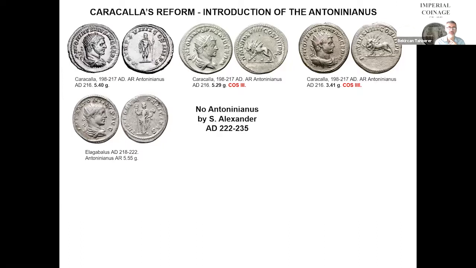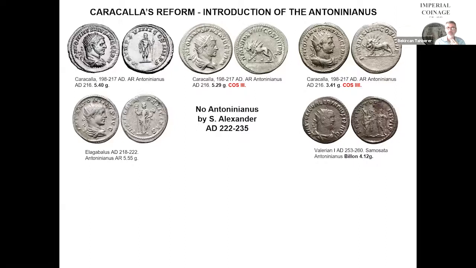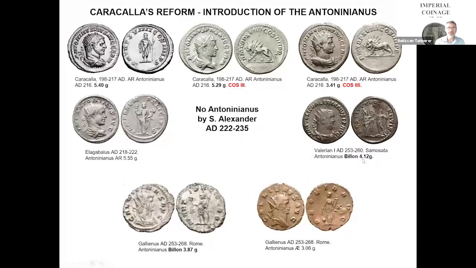He simply decided that it is not worth minting. However, following emperors went back to the reform of Caracalla and minted Antoninianus. Yet you can see what happens to that denomination. During the time of Gallienus, silver wash was introduced, and on many coins we can see that the silver wash completely disappeared, and it's actually a copper coin.